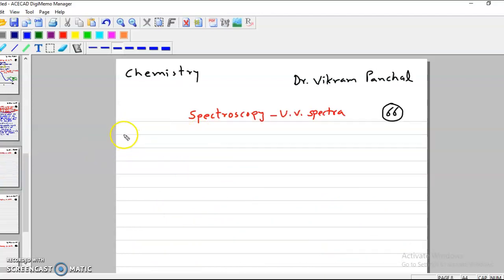So first is the chromophore. Second is the example. The third one is the electronic excitation or transition.